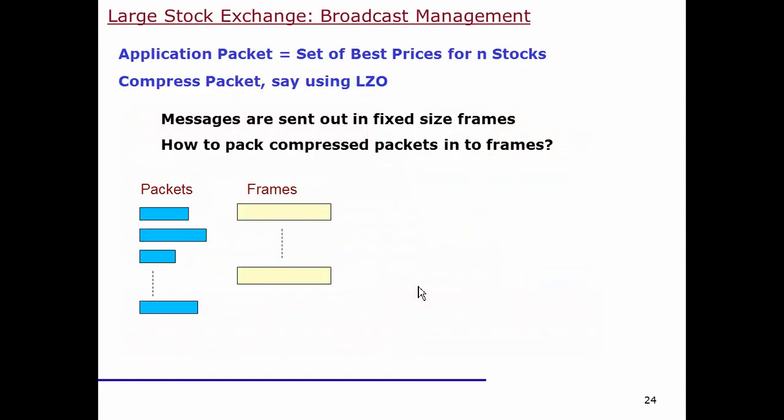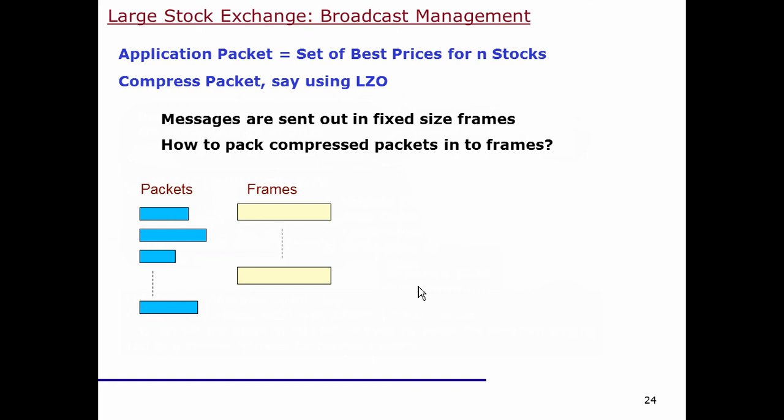Whenever you deal with an application packet of broadcast data, you need to send the best prices for n stocks in one application packet. You can use compression, using, let's say, Lempel-Ziv Oberhummer, that's LZO, which comes as freeware, and that gives you a good deal of compression, easily about 3x for many kinds of applications which have small packets.